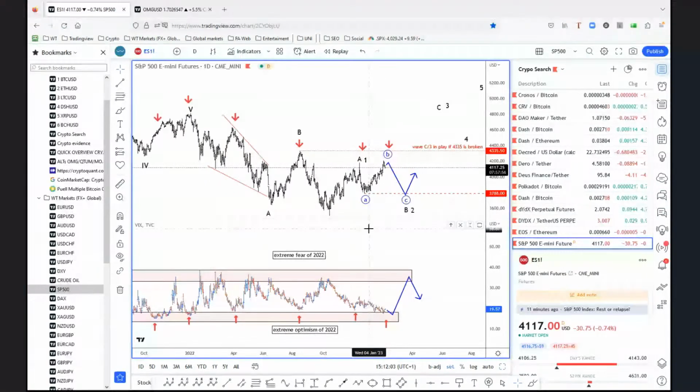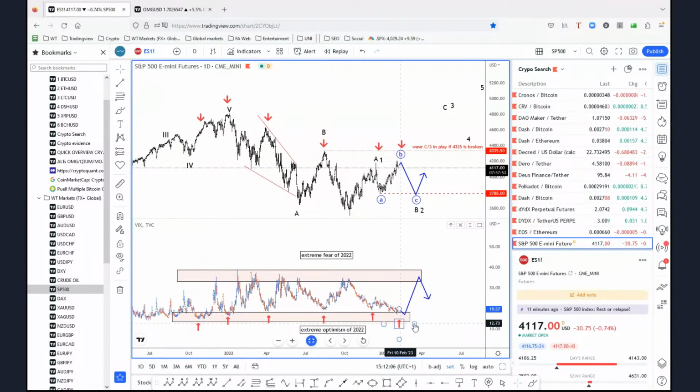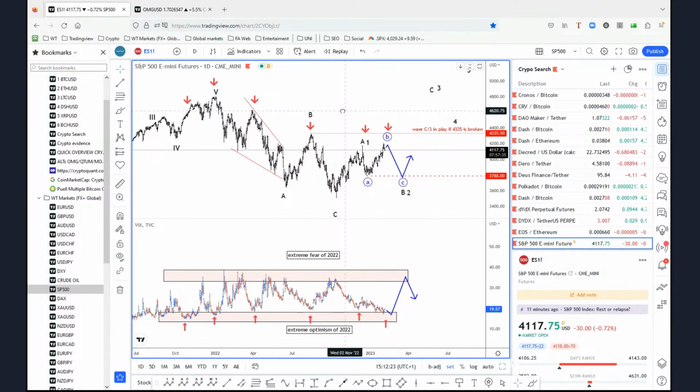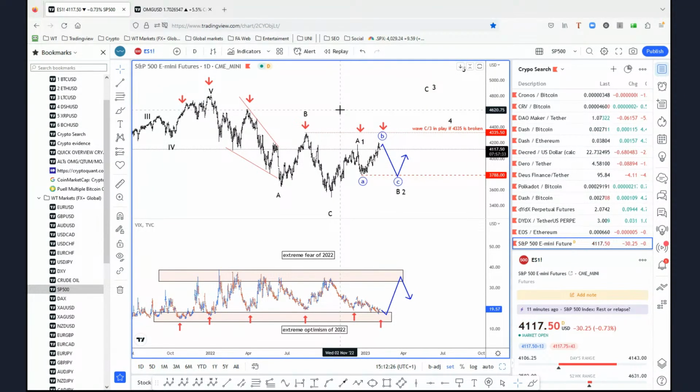In fact, what I see is the VIX index trading at the extreme of optimism back from the 2022 range. So it means there is no fear in the market, but if there is no fear, that could actually cause the opposite reaction, and markets could make a pullback here, especially, as I said, if the US dollar is really to see more gains, which so far is already happening. So with the US dollar making just a temporary recovery, the S&P 500 may not break higher that easily.